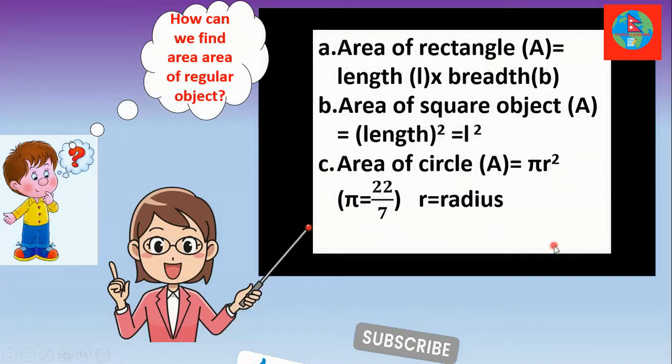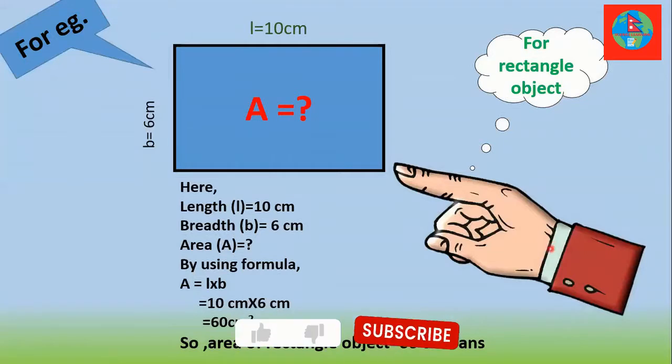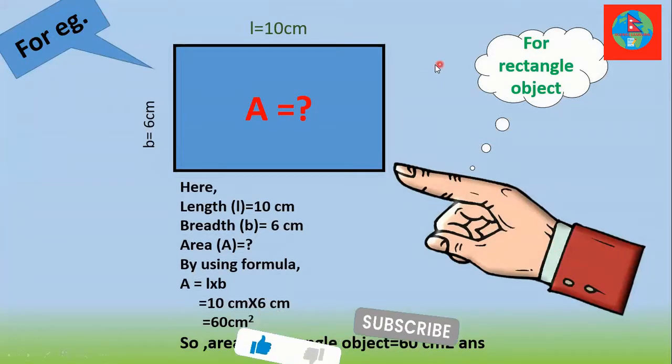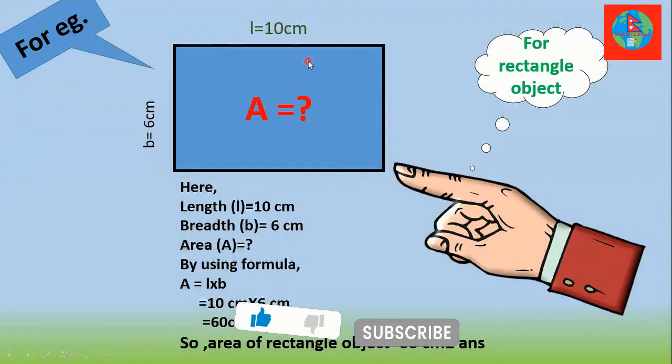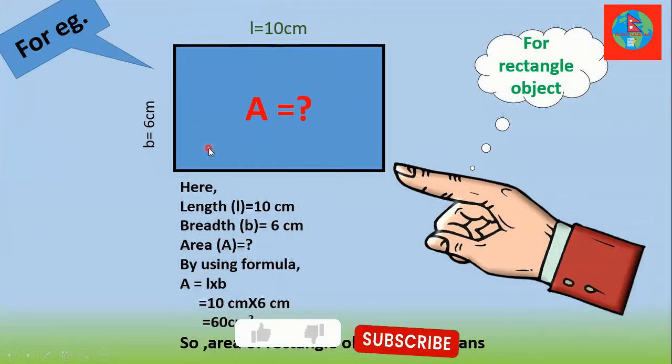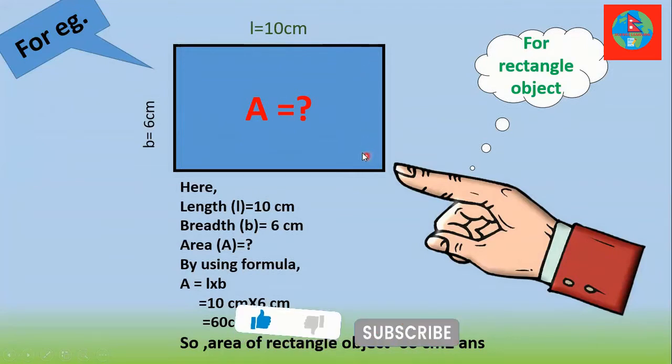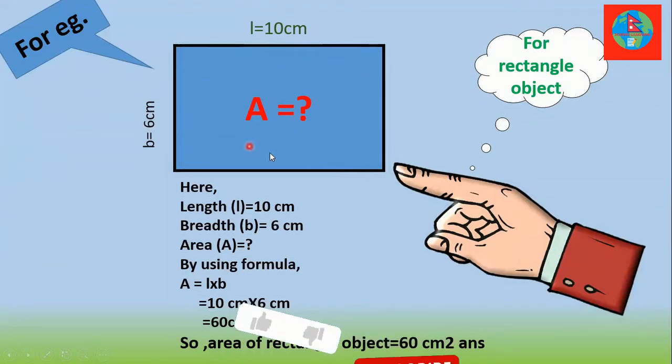Okay, my dear students, let's go to another slide. What is here? What type of shape is here? Do you know? Yes, very good. This is a rectangle object.